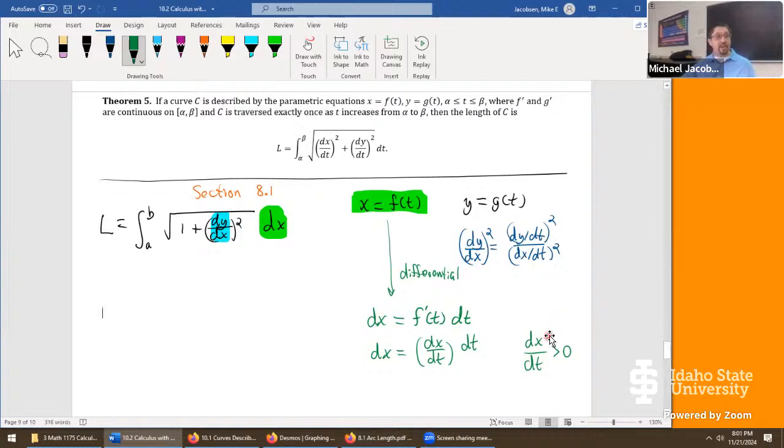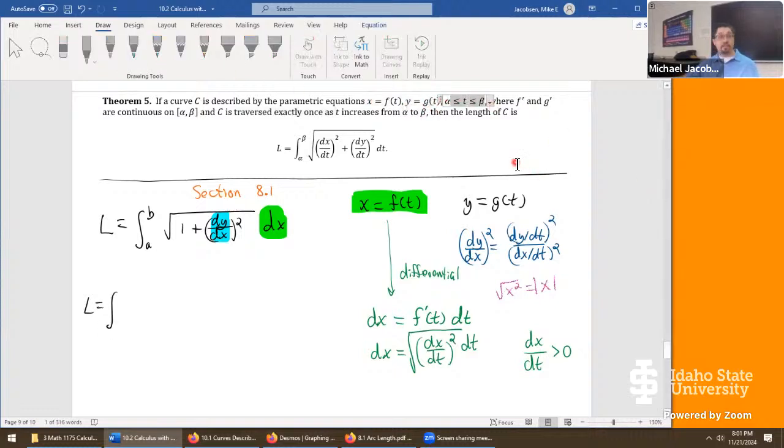If you allow this to be the fact, you can go over here and say square root of dx/dt. We required positivity here, otherwise we would have the formula root x squared is absolute value of x, and absolute value is not going to help us in this problem. So let's put this all together. The length is equal to the integral with new limits of integration, alpha to beta.